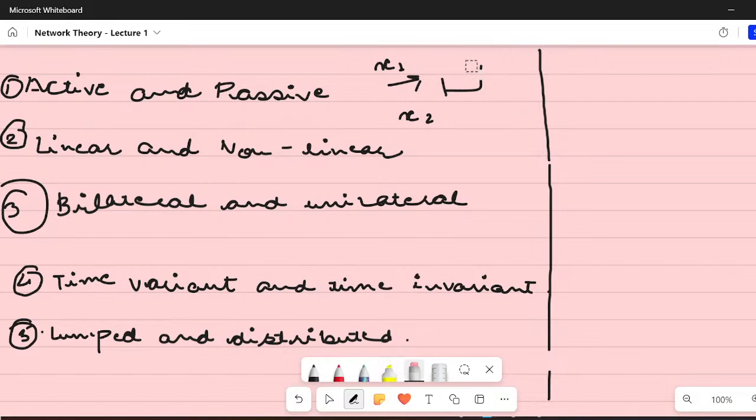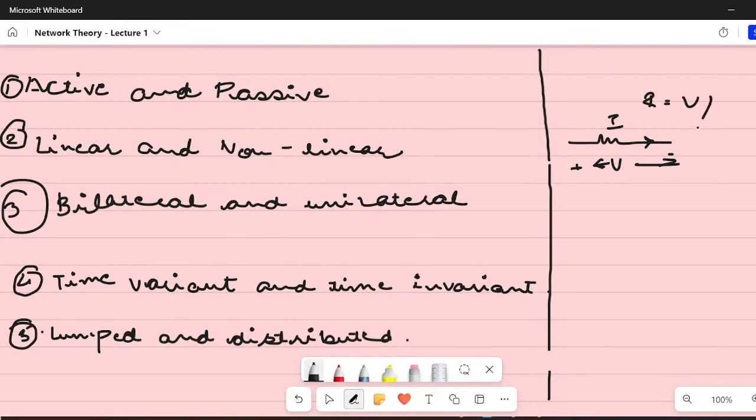Now, if we see something as basic as a resistor, say this is your resistor, and we apply a voltage of this sort, the current would flow in this direction. How would you define R here?